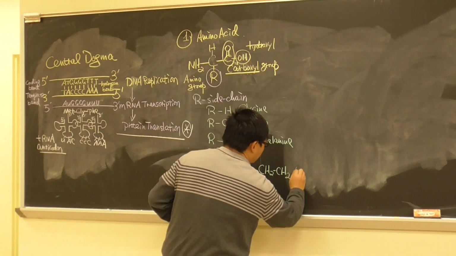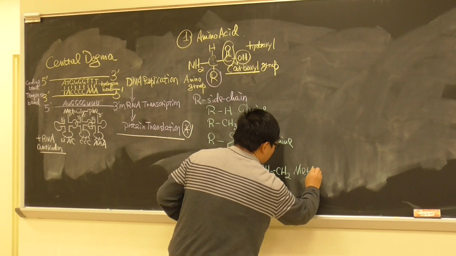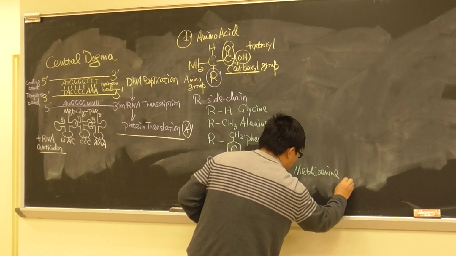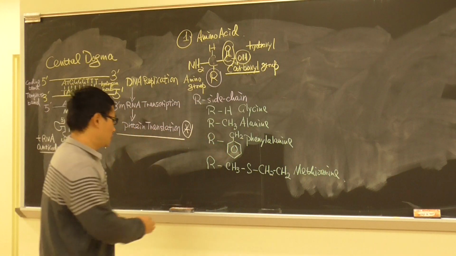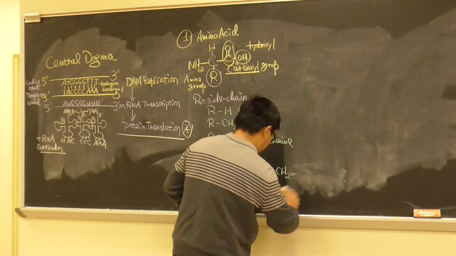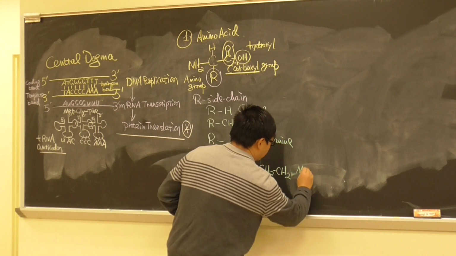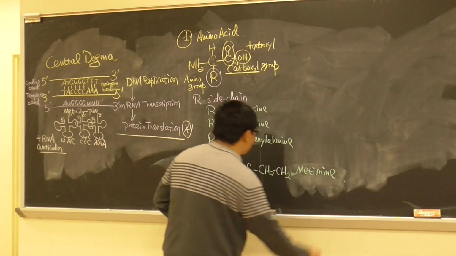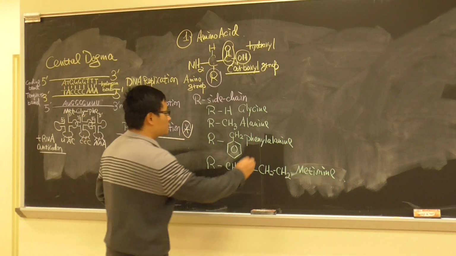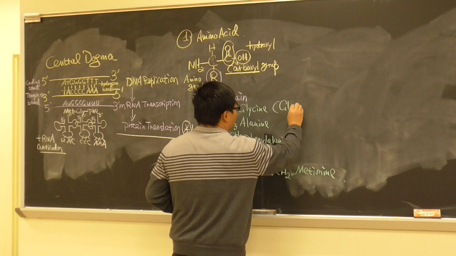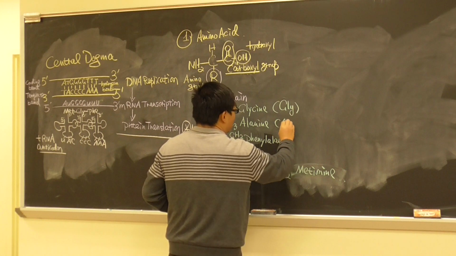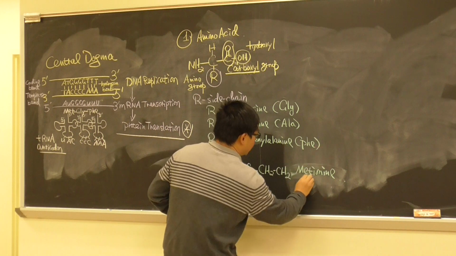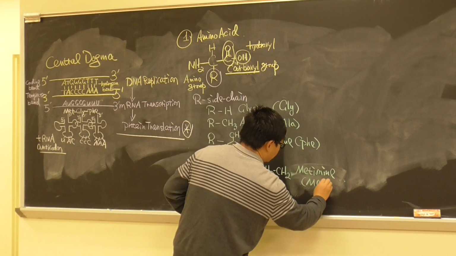This is called methionine. Now, all of these have an acronym: GLY, ALA, PHE, and MET.